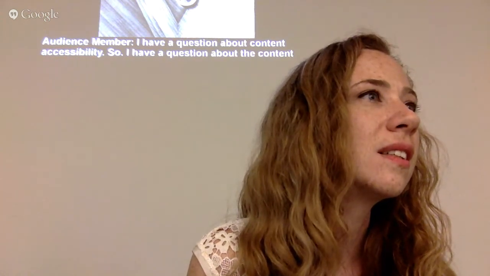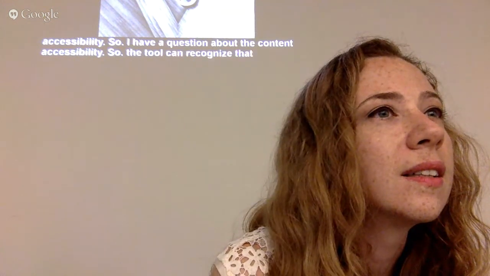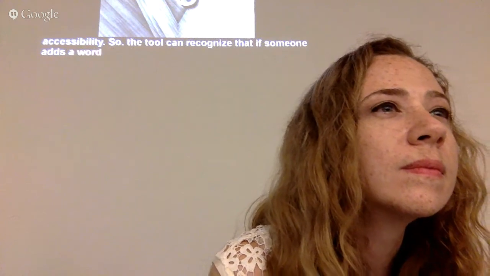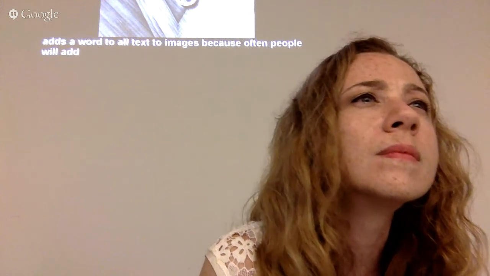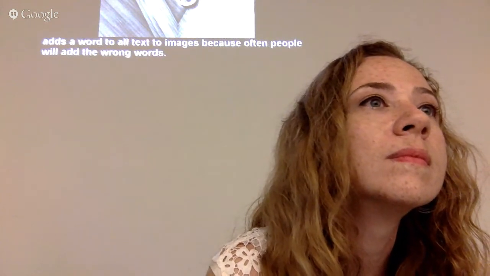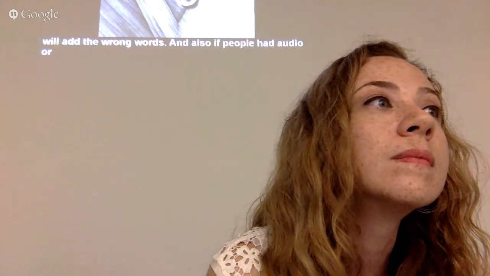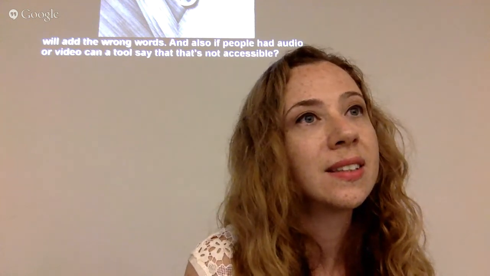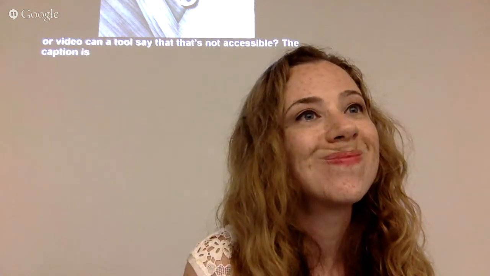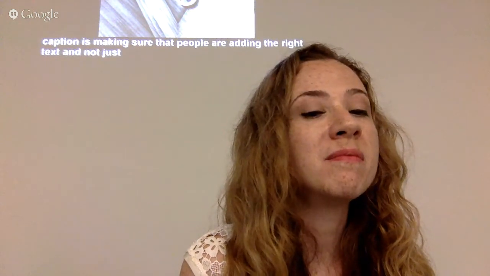Can the tool recognize if someone adds the wrong word as alt text to images, because often people will do that? And if people add audio or video, can the tool say that it's not accessible, with captions, making sure that people are adding the right text and not just the auto captions? Is there a tool that can catch that? I know my tool certainly doesn't.